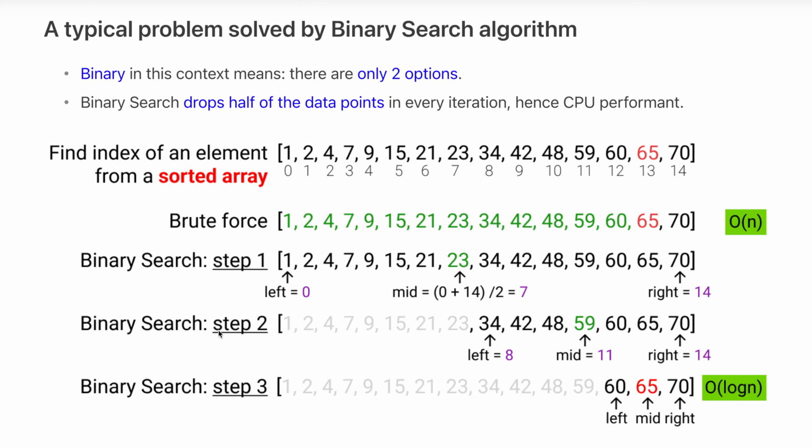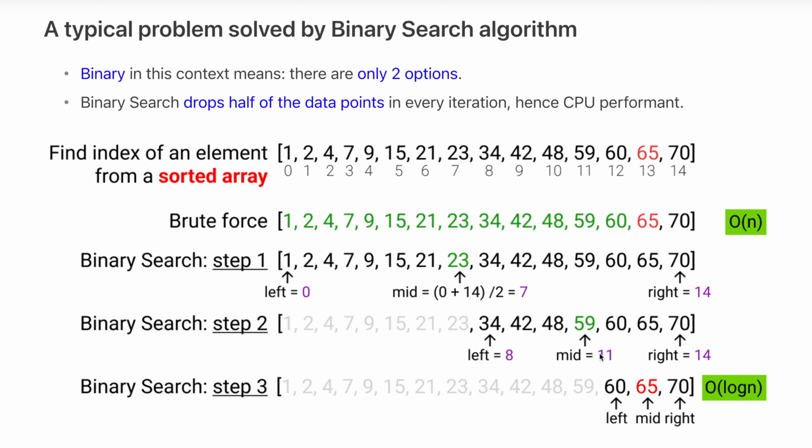So in the next iteration, we're gonna totally ignore all the elements in the array on the left of 23. And we will only consider the numbers on the right of 23. The next step we're gonna do is move the left pointer to 34, which is right next to 23, which has the index of 8.